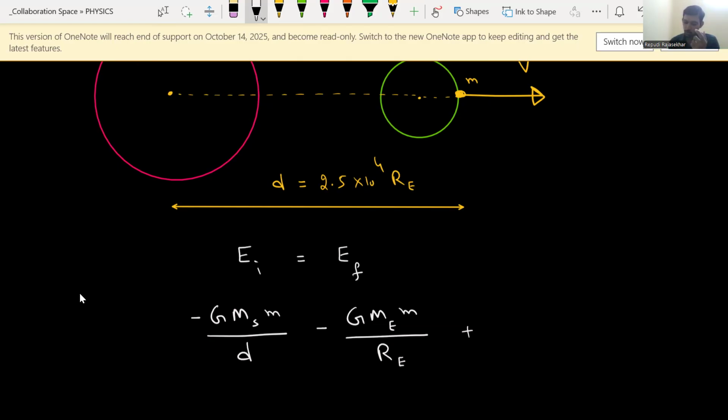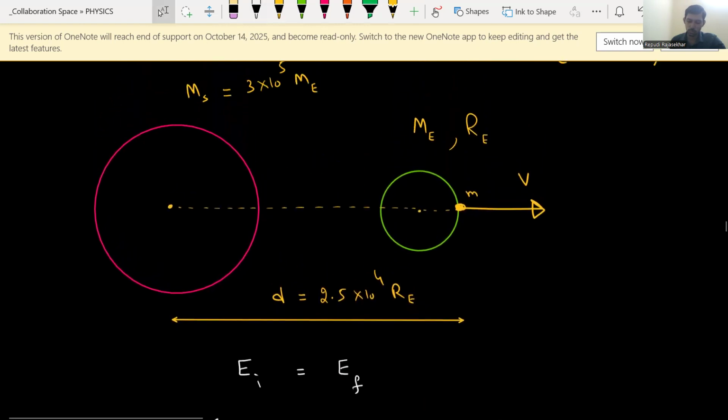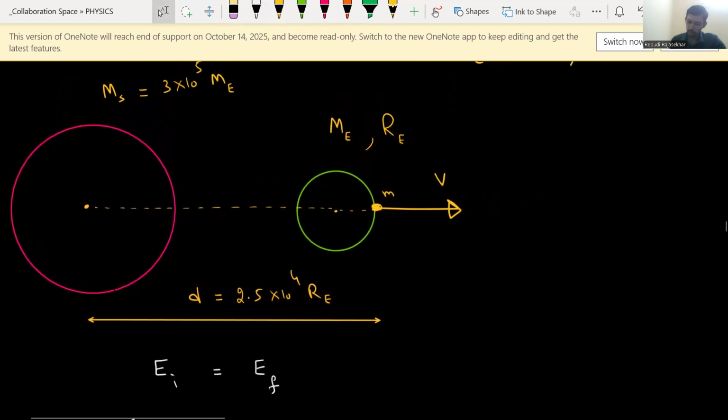So we are giving velocity, meaning the rocket has kinetic energy, that is half m v squared, equal to the final energy. If it is about to leave the gravitational field, let us suppose that due to these two gravitational fields, maybe here is the limit of the gravitational field. So finally the rocket has reached here. If the rocket reaches the end of the gravitational field of the system, what happens to the final energy?